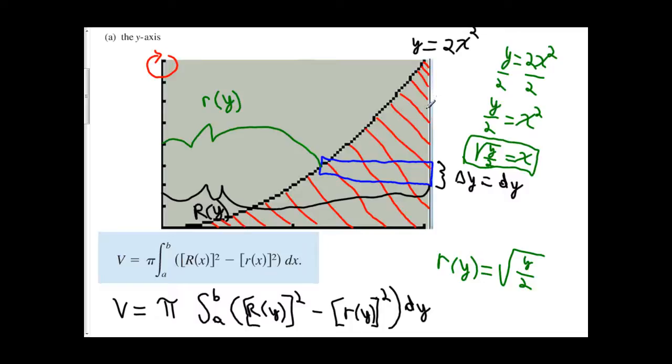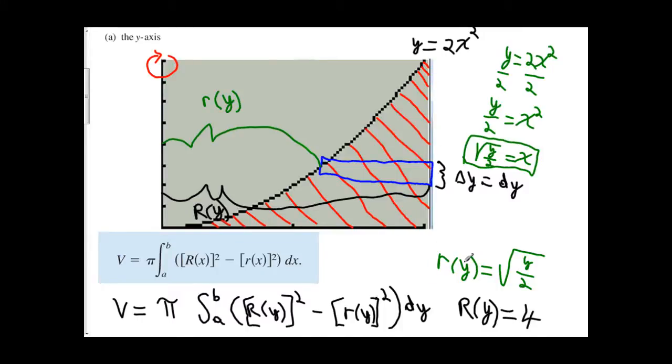So we know that the capital R of y is equal to just the number 4. It's a constant function of y, and it's always equal to a value of 4.